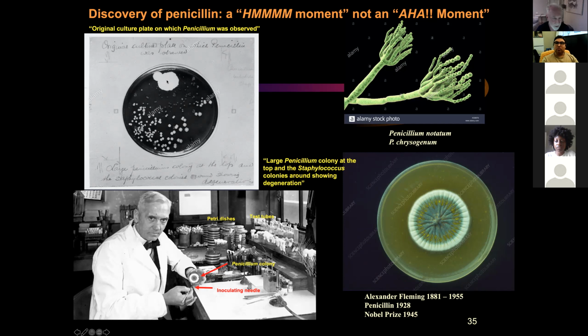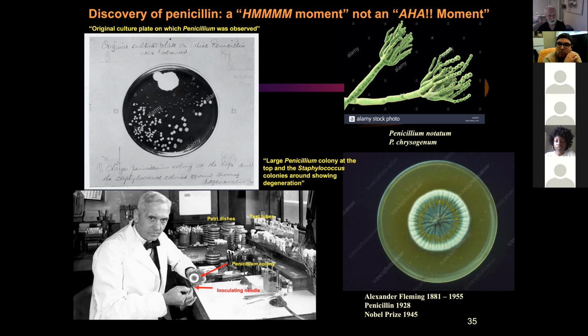So this has been happening to bacteriologists for 100 years. And when this happens, you throw out the plate. It spoiled your experiment. But Alexander Fleming said, so you look more carefully at this plate, and he noticed that there's this zone between the fungus and the bacterial cells where the bacteria are not growing.